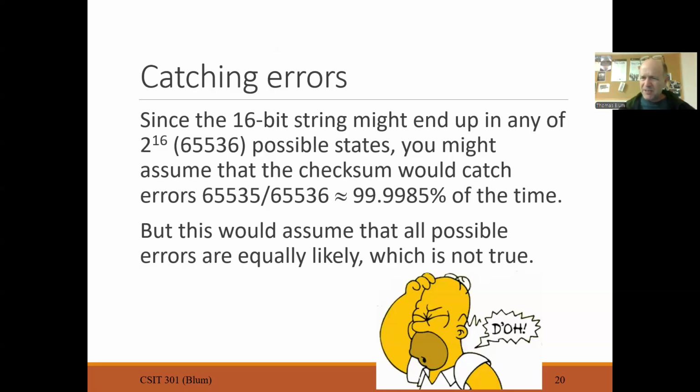We break the data up into 16-bit numbers, add them up, take the negative of that number, and send it to the receiver. The receiver does the calculation. Hopefully it transmitted correctly. If it didn't, it's conceivable that an error occurred but the checksum passes. But that should be rare. We should be catching errors 99.99% of the time.